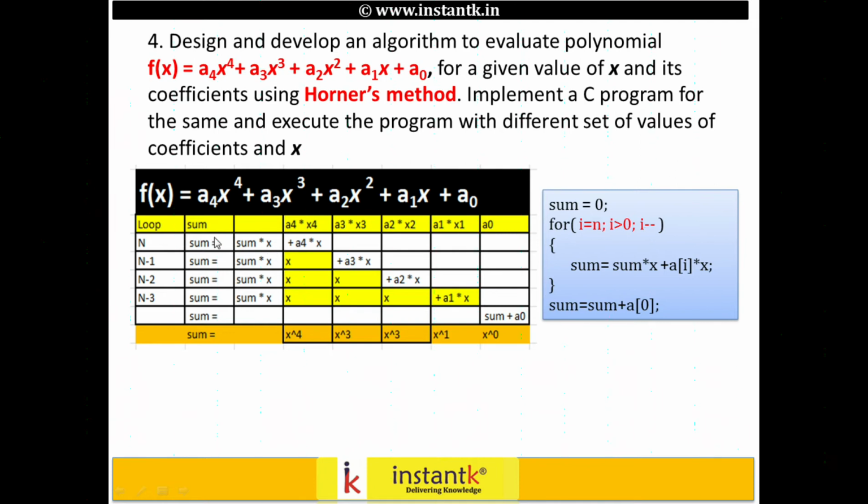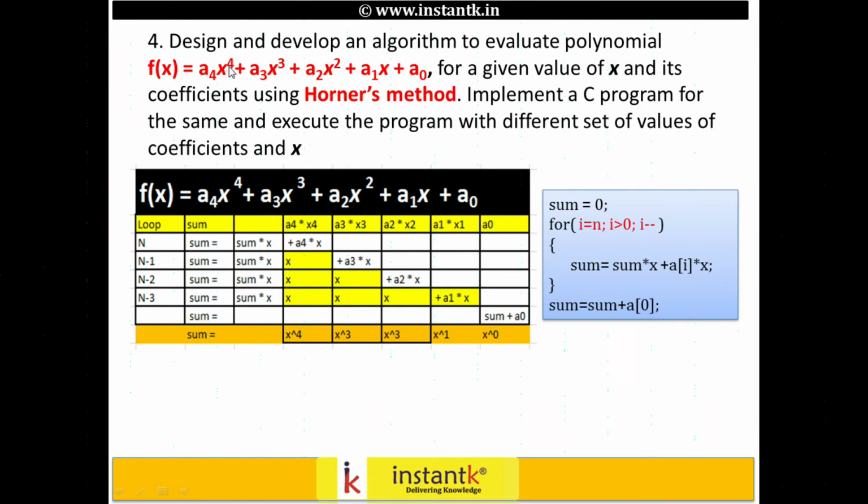So what we are doing is sum is initialized with 0 to start with, then every time sum is equal to sum times x plus a[i], where a is an array. So you start with sum equal to 0 and read a4 into x.